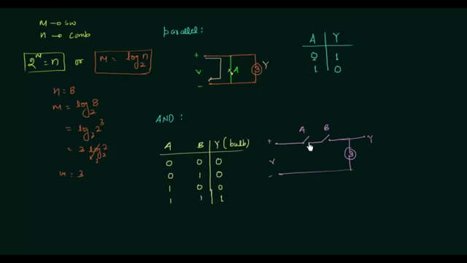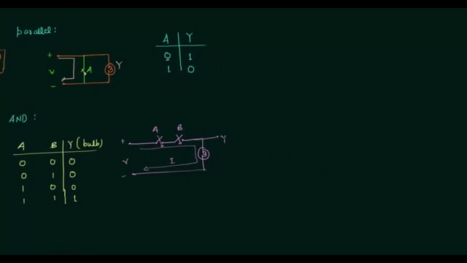When A is open, B is closed, then also no current will flow. And when A is closed, B is open, then also no current will flow through the bulb. And finally, when both of them are closed, then only there will be a current through the bulb and it will glow. So this is a simple circuit for the AND operation. Now we will move to the OR operation.